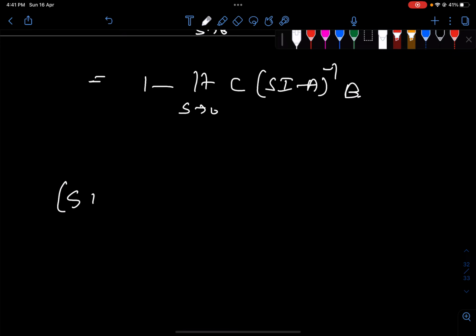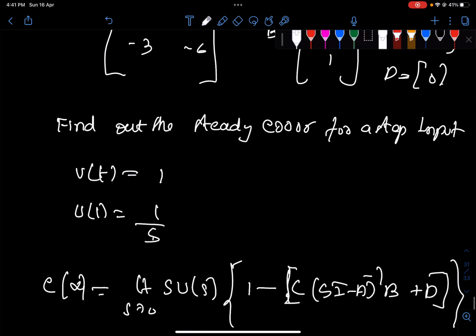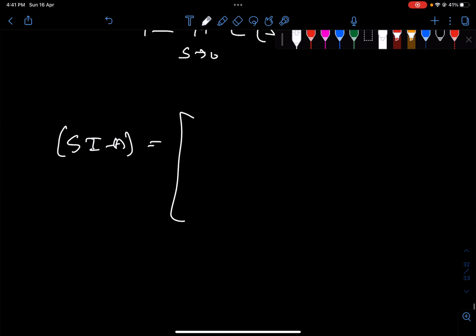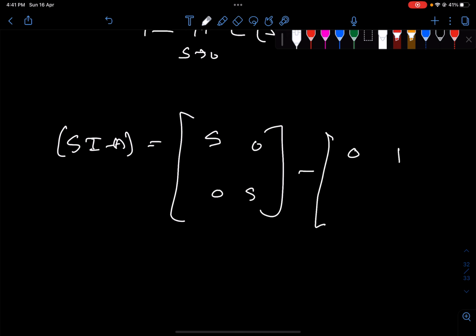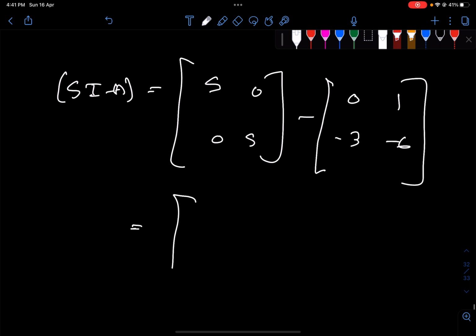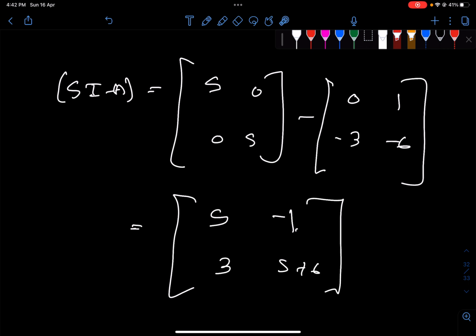So what is sI minus A here? A is given as [0 1; minus 3 minus 6]. The corresponding sI matrix will be 2 by 2, right? So [s 0; 0 s] minus the A matrix [0 1; minus 3 minus 6].